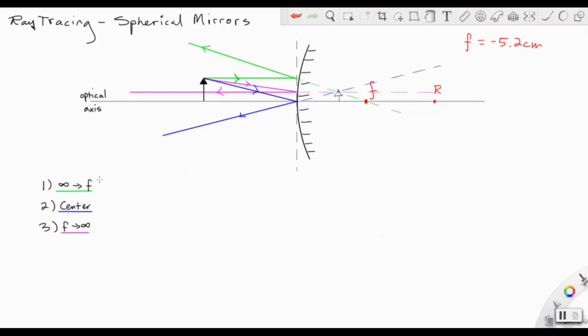We can double check that using our mathematics if we want to. Remember that we have an object distance of 7 centimeters. So we can check where our image is located at: q is equal to 1 over f minus 1 over p, flipped.